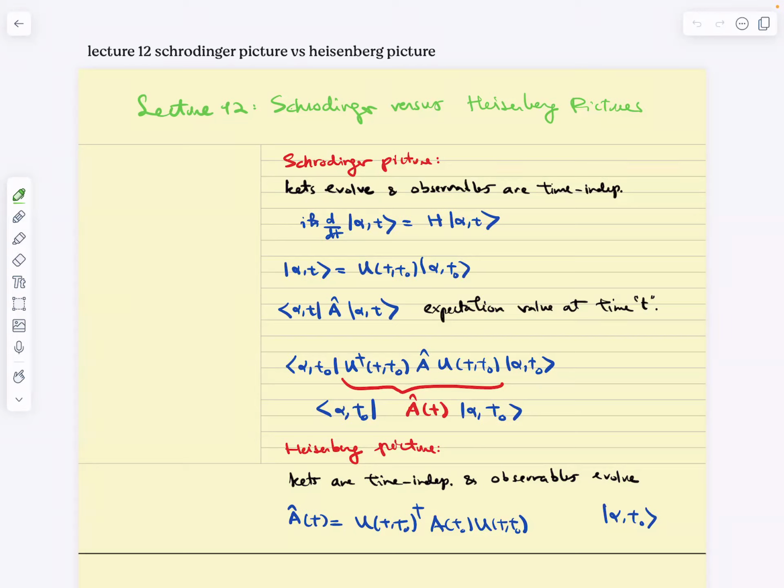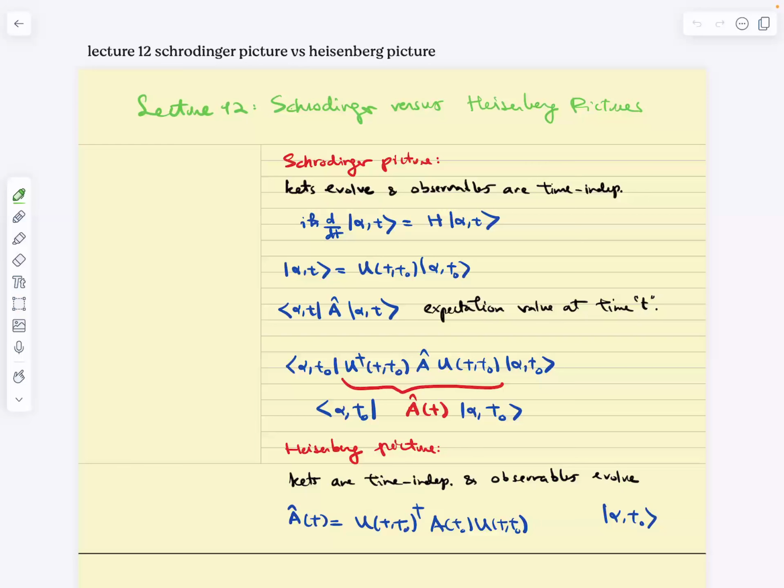Equivalently, we could work in a setup where the states evolve in time and the observables are time independent. That's called the Schrodinger picture. Okay? This terminology is quantum mechanical terminology, but I just wanted to emphasize that we could have done this in classical physics as well.